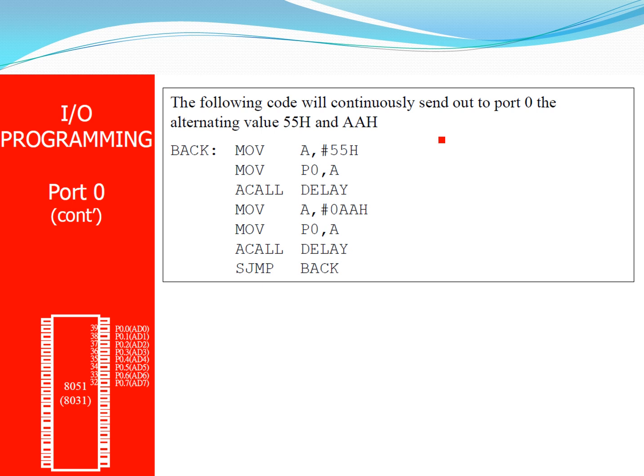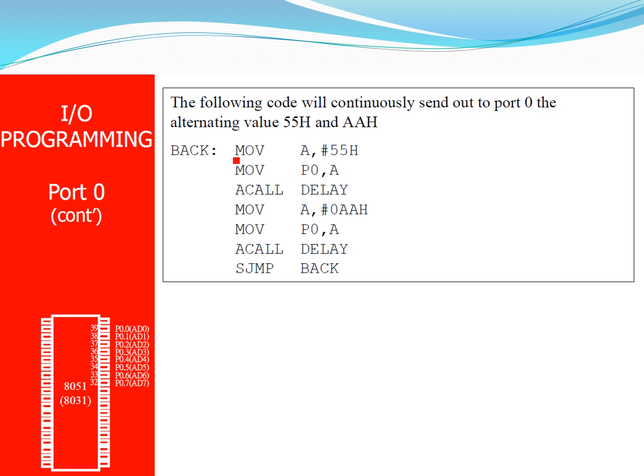Sending data to the port means the port is acting as an output port. As I told, all the ports by default act as output ports, so there is no need to program the port before using it. Hence you can directly send the data to port 0.